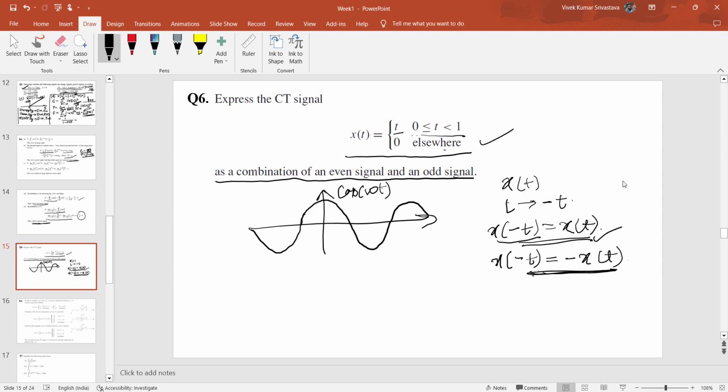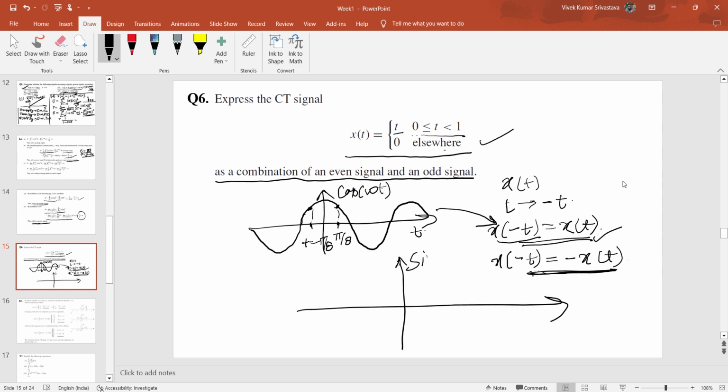Once you put t as minus t, let us say at pi by 8, once you put t as minus pi by 8, you will get the same value. So this represents that it is an even signal, whereas the best example for an odd signal is the sine signal. The sine signal can be plotted like sine of omega t.